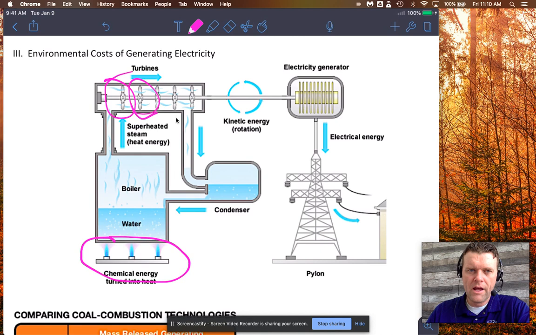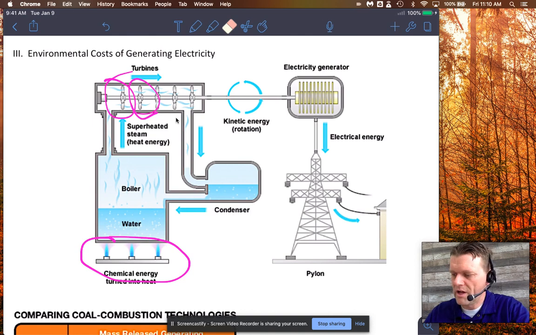And those are connected to a permanent magnet. This is simplifying it a little bit, but a permanent magnet right here. And if you move that magnet inside a coil of wire, then you cause current to flow in that wire. And that current is then transmitted over electrical power lines. And there's some other steps in between that we're going to learn shortly, so that can get to your house.